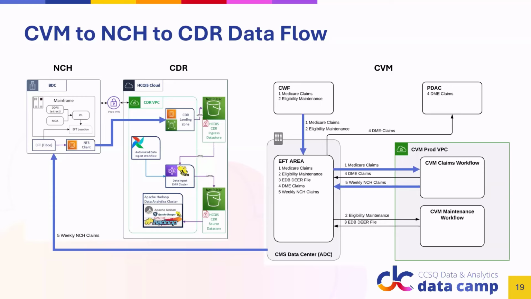The NCH process itself, what does it do? It still resides on the Baltimore data center mainframe, and it contains Medicare fee-for-service claims data from 1991 up to the present time.